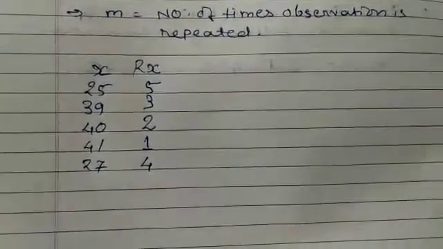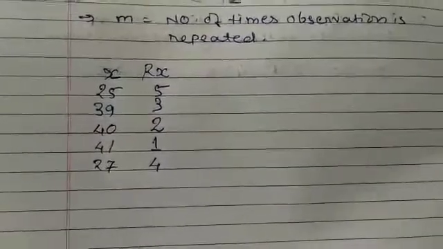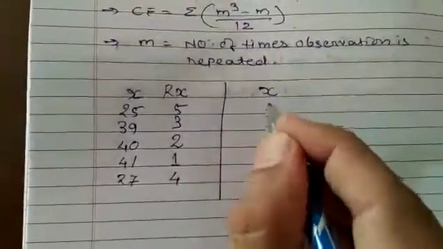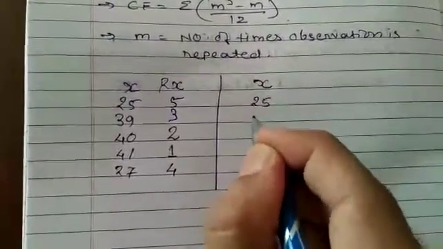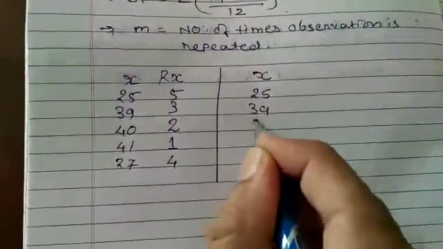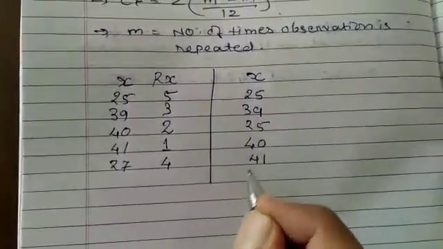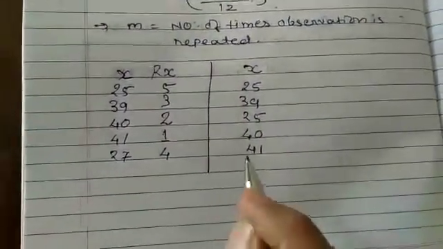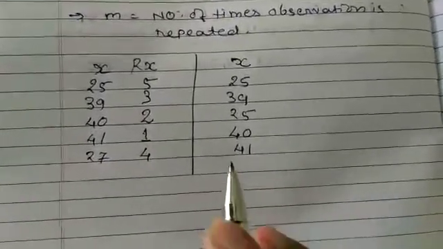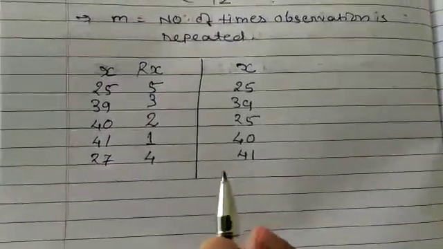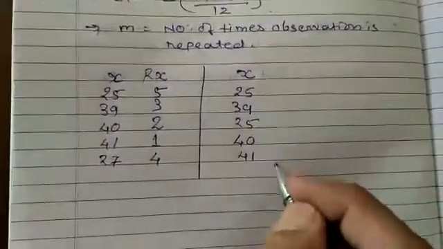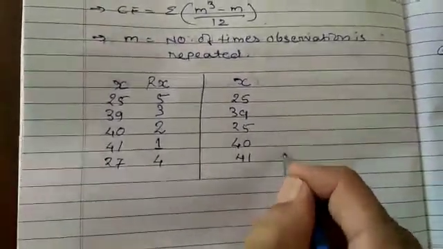Now, what if the observations are repeated? Suppose the values of x given are 25, 39, 25, 40, 41. In the same way, the highest observation will be given the first rank. Therefore 41 will be given rank 1.